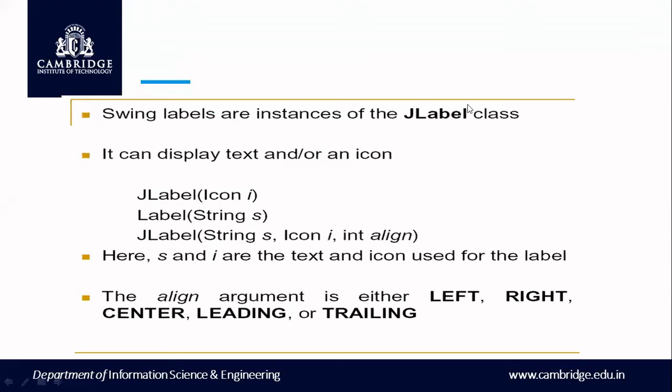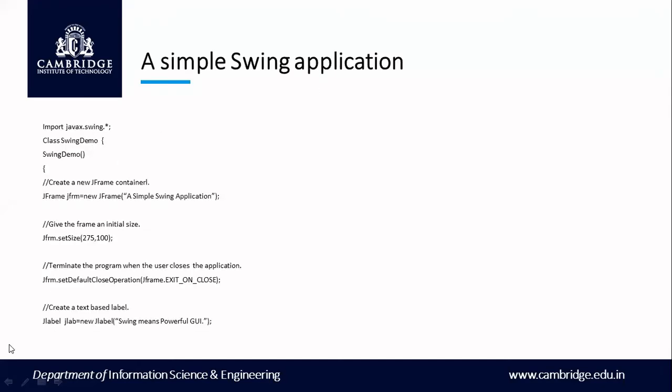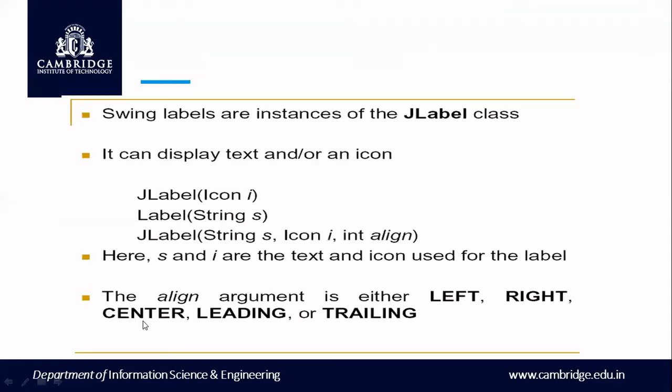The next one is JLabel. The Swing labels are instances of JLabel, as we have used it in the previous example. We will just see that example once. Here, JLabel. What is the parameter you have passed to JLabel? It is a string, correct? So you can see that JLabel has constructors.